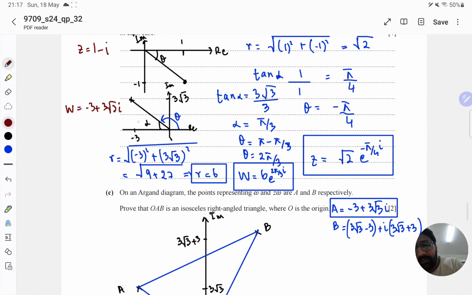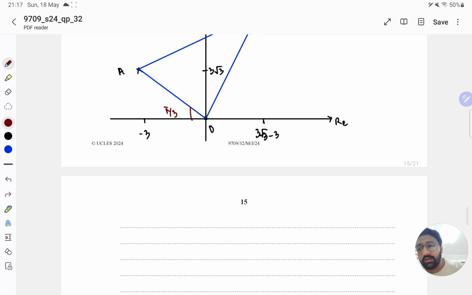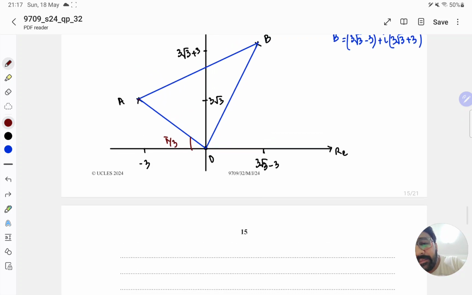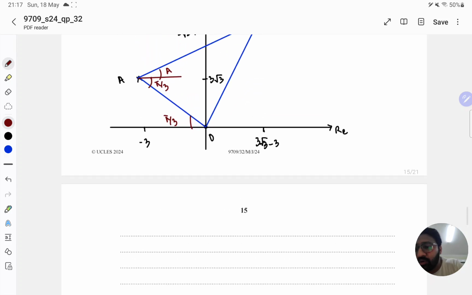So here, this is the basic angle. So we know that this angle is also going to be pi by 3, and this angle will be somewhat A. But before that, we know that OA has a magnitude of 6 units.